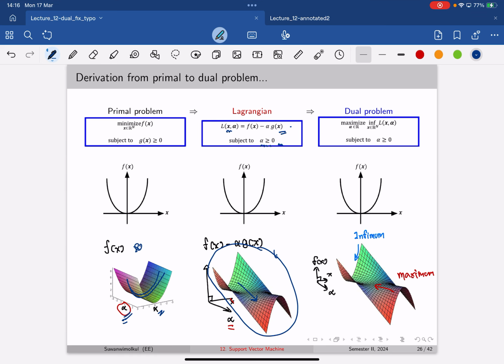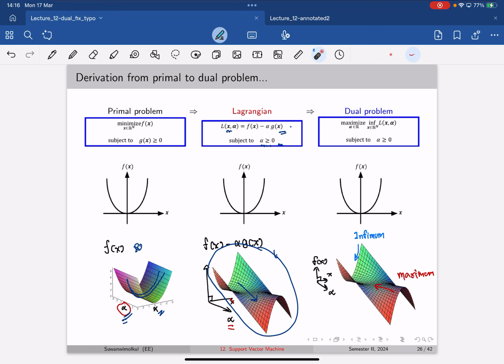Maybe it could go anywhere, alpha. But of course, to find the x that gives you the minimum value, you still have to search for the value of f(x) along this surface.